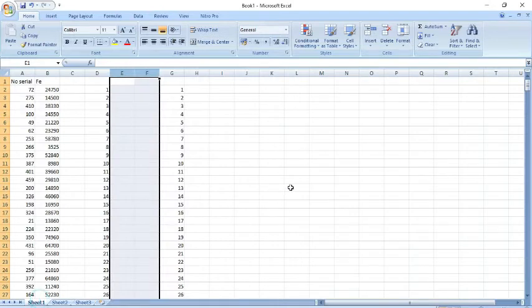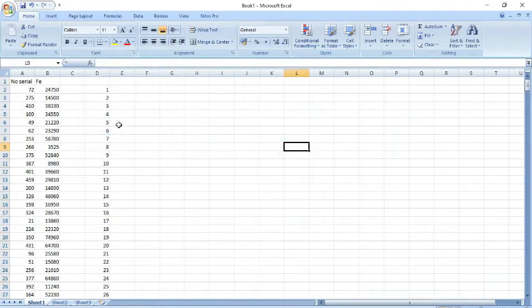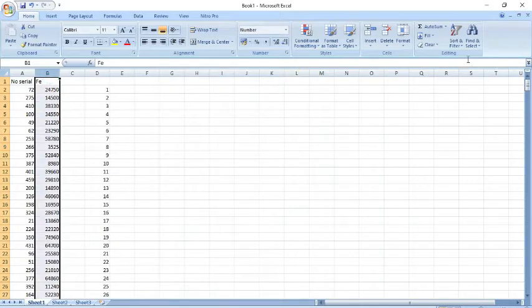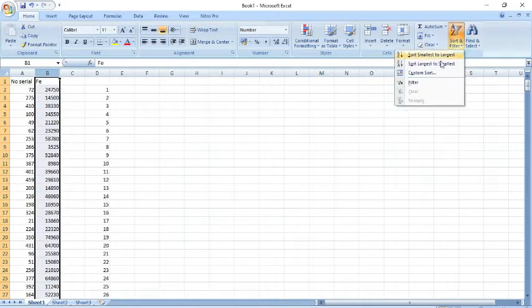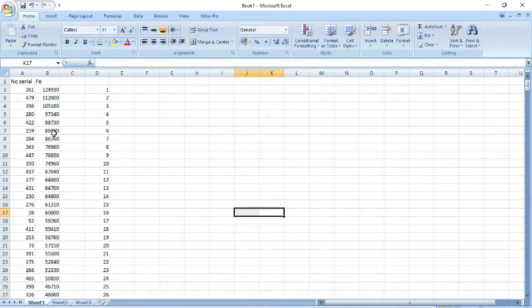And we'll go back to this. So we can remove this and sort this one from large to smallest. Sorted this one. So I think they are well sorted now.